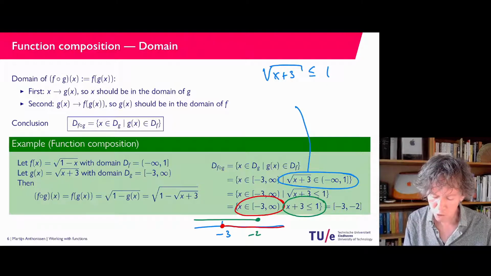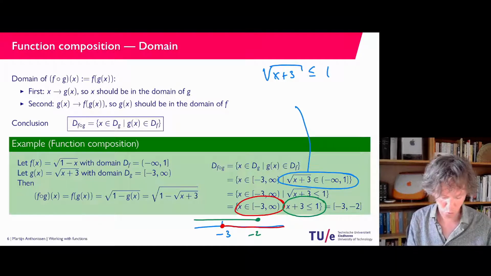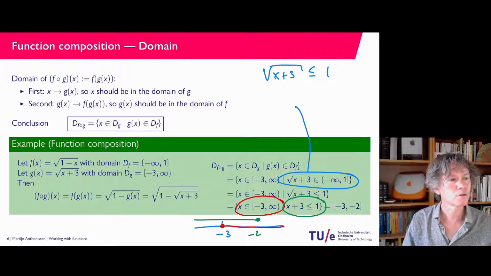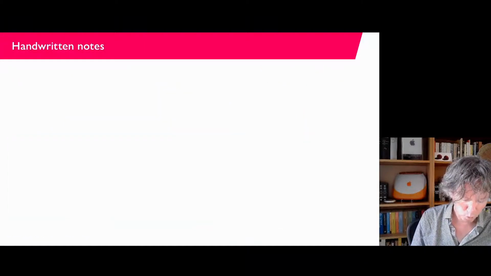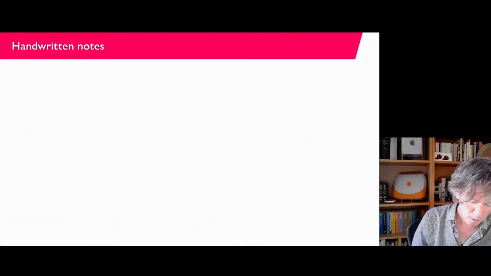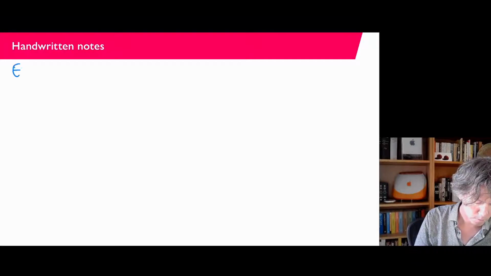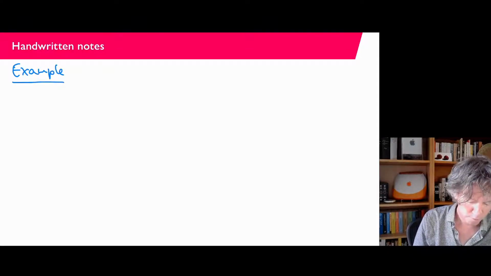Let's do one more example, and then you can use the provided exercises to work with that yourself. So we have f of x is, let's say, x squared plus 1.